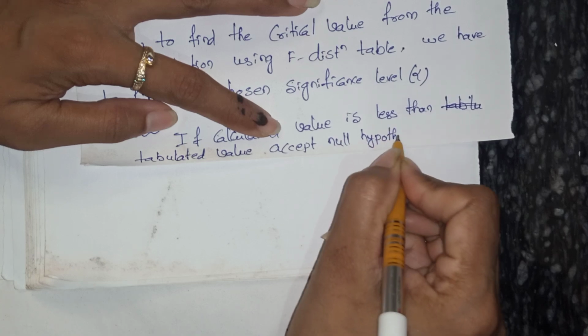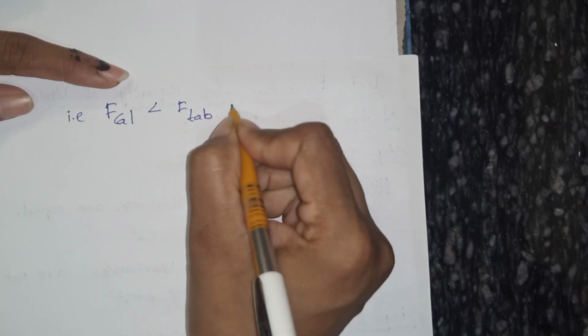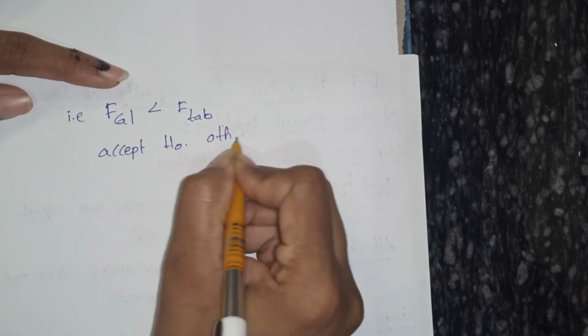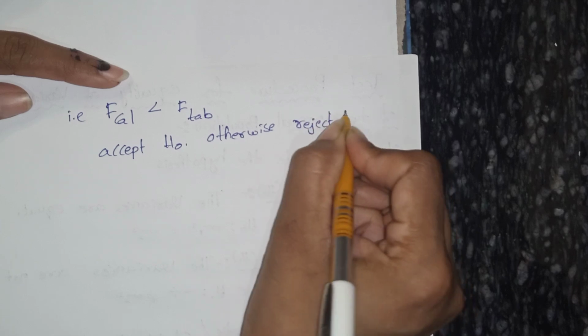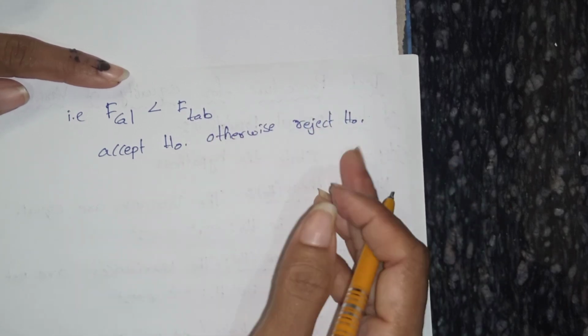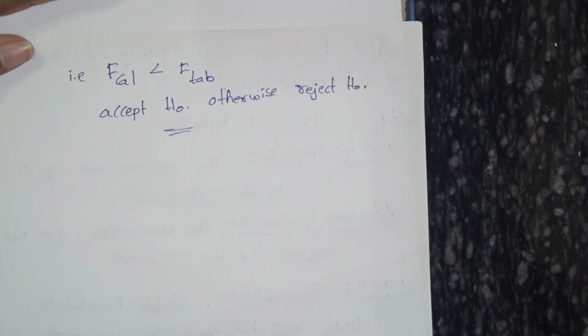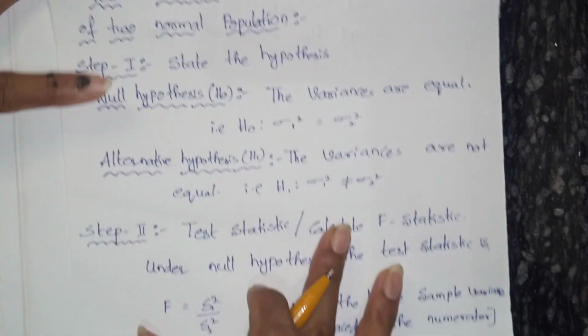Symbolically, if F calculated is less than F table, accept H naught, otherwise reject H naught. Rejecting H naught means we are accepting the alternative hypothesis. So this is the test procedure for equality of variances of two normal populations.